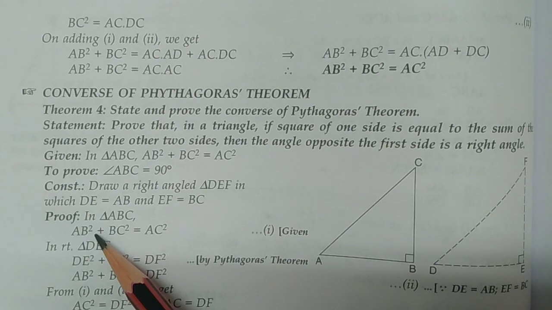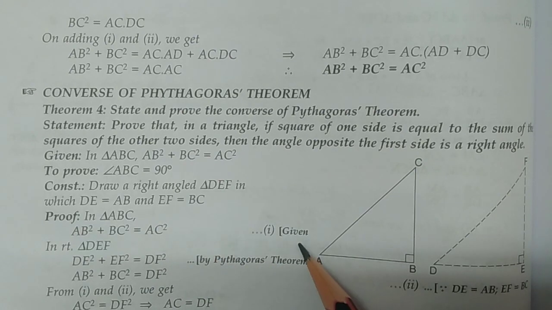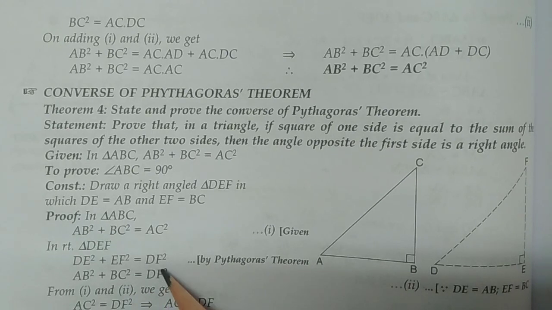In triangle ABC, AB square plus BC square equals AC square, given 1. In triangle DEF, DE square plus EF square equals DF square by Pythagoras theorem. So AB square plus BC square is equal to DF square.